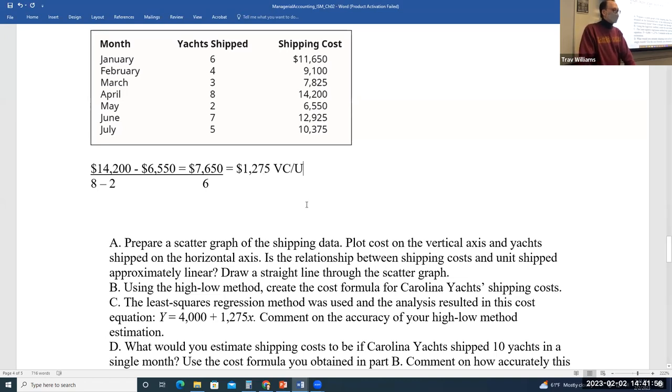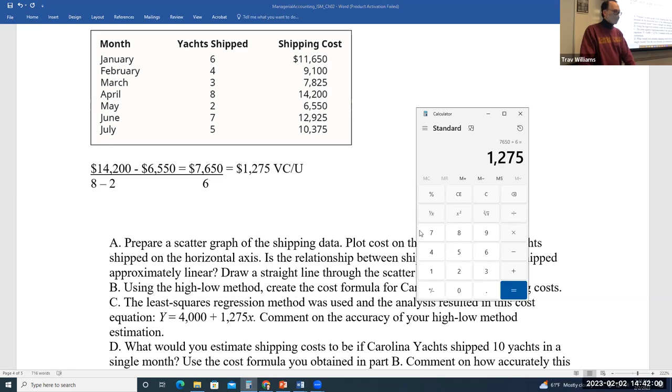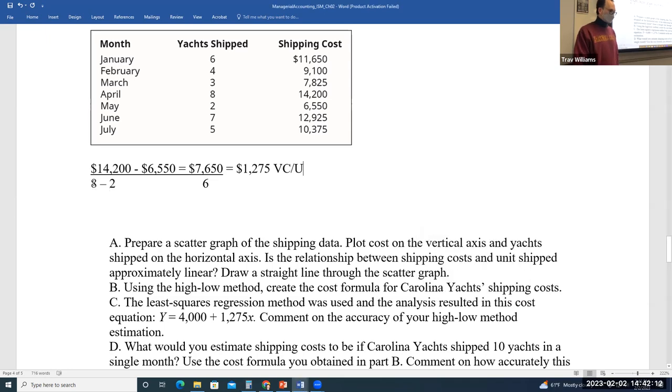Okay, and what's our next step? Okay, so got to find the total fixed costs. And how do we do that? Okay, exactly. This one's pretty simple, so let's just go ahead and do it both ways.